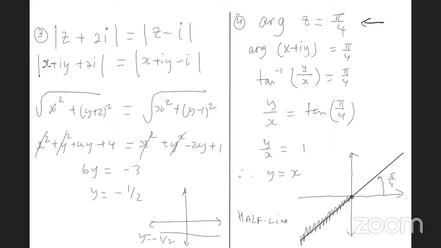Okay, so in general, this is your rule here. So I'll stop while you copy. Generally, the argument of z minus a is equal to some angle theta.